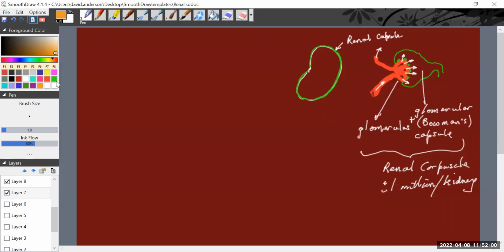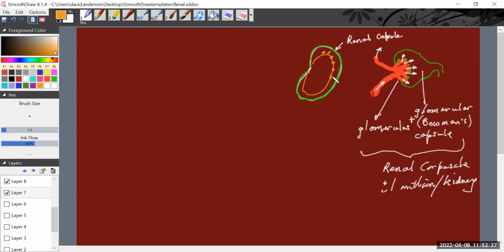So why, on the right side of the blackboard, did you say that the glomerular capsule is going to be the renal capsule? No. 85% of our nephrons are found in the cortex, so they're going to be located in the cortex.